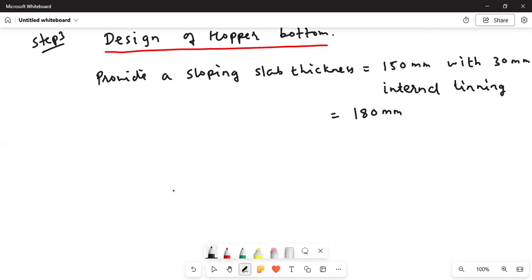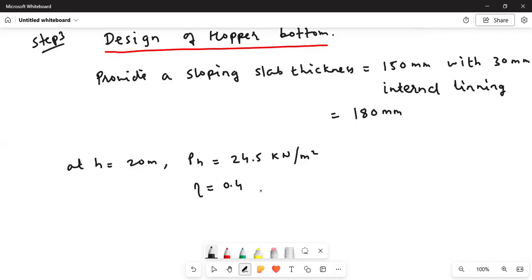Now, at h equal to 20 meter, we got the value of pH in our previous discussion. pH is 24.5 kilonewton per meter square, and eta is the pressure ratio, that is 0.4.